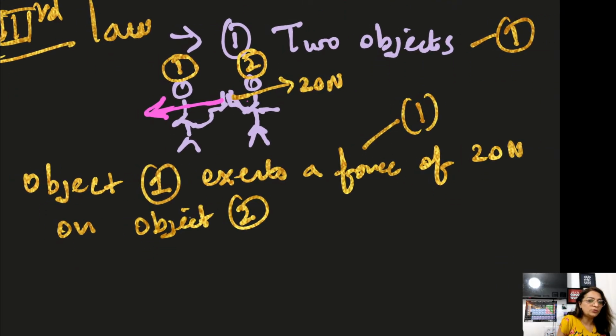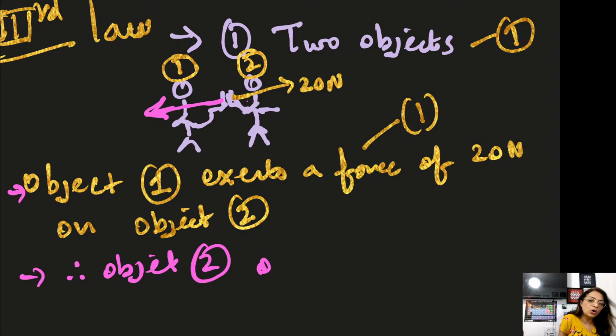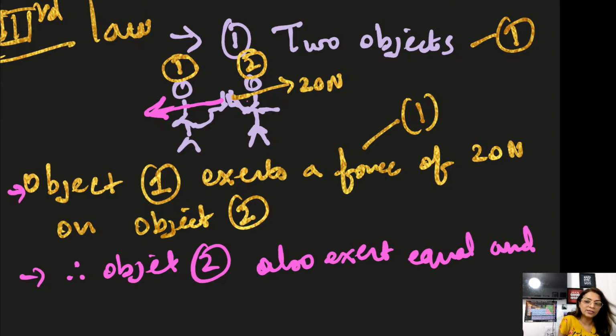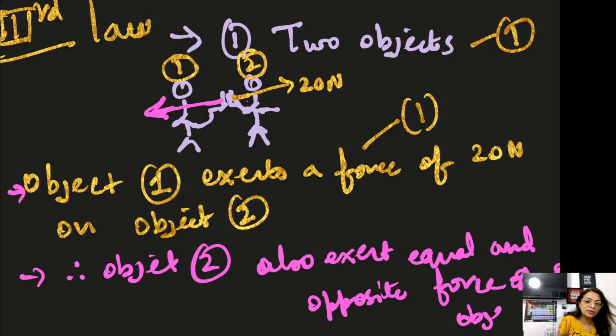2 objects. Object 1 exerts a force of 20 Newton on object 2. You will have to say, therefore, object 2 also exerts equal and opposite force on object what?